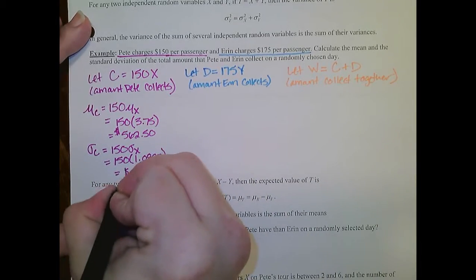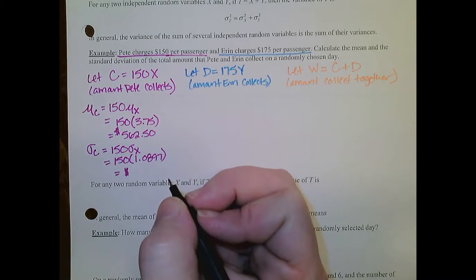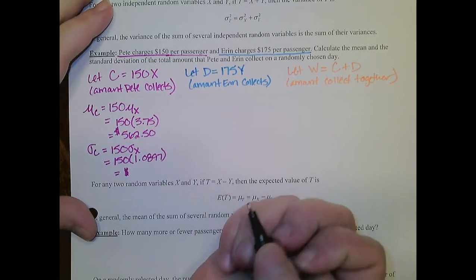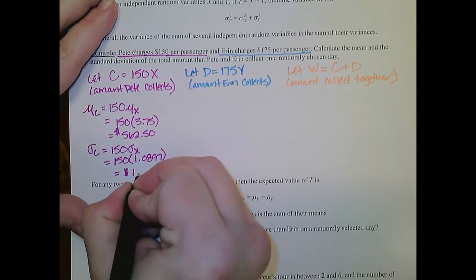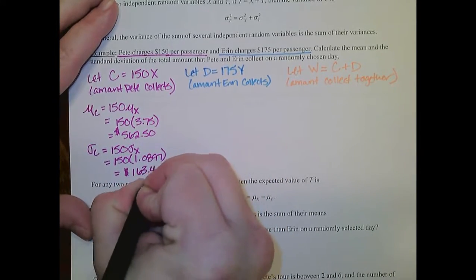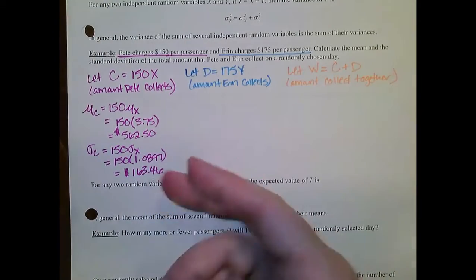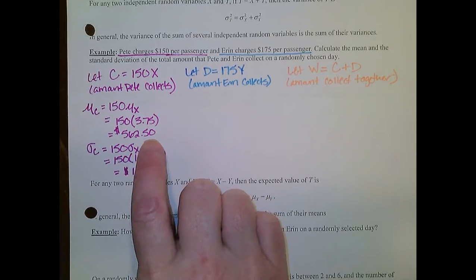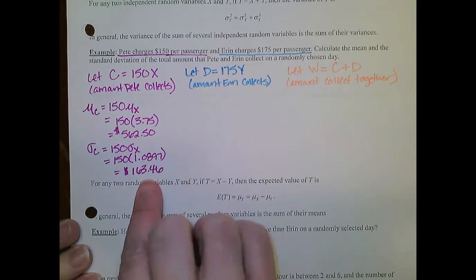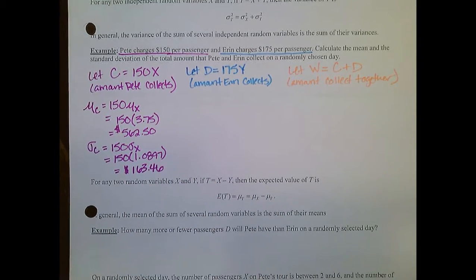And again, because we're talking about dollar amounts, we'll round that to 2 decimal places. So we get 163.46. So we're saying that the mean amount that Pete collects would be $562.50, and that would vary by $163.46 on average or typically.